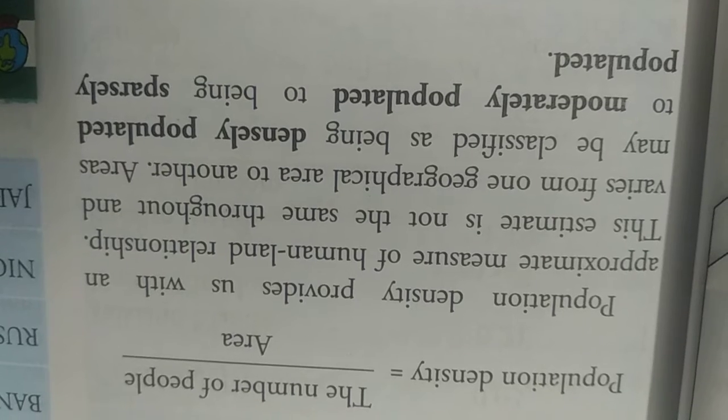Population density provides us with an approximate measure of human-land relationship. This estimate is not the same throughout and varies from one geographical area to another, and may be classified as being densely populated, moderately populated or sparsely populated.